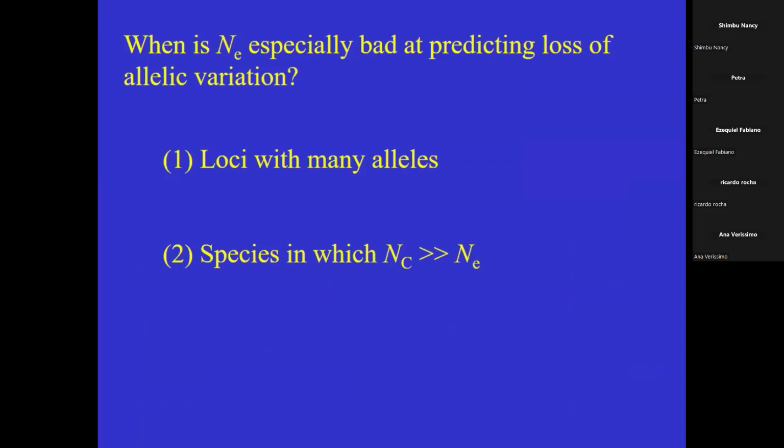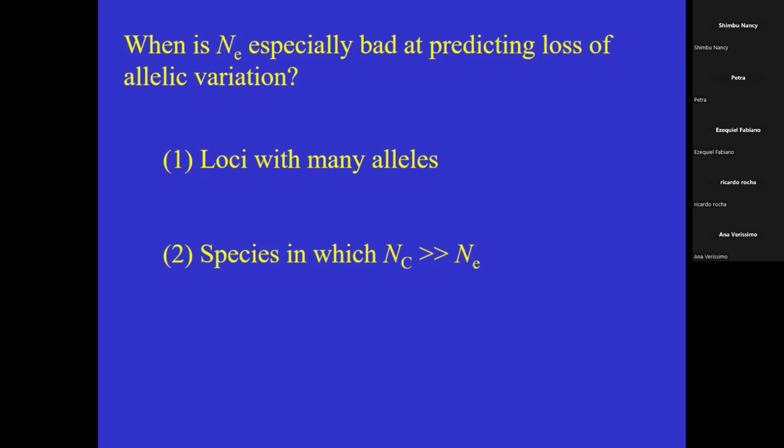So the basic point is that NE doesn't do a good job in describing loss of alleles. The question is, does it matter? And there are two cases that I'd like to argue are most important. One is if we have a locus with many alleles. As we saw, the more alleles that are present, the more allelic diversity you're going to lose.